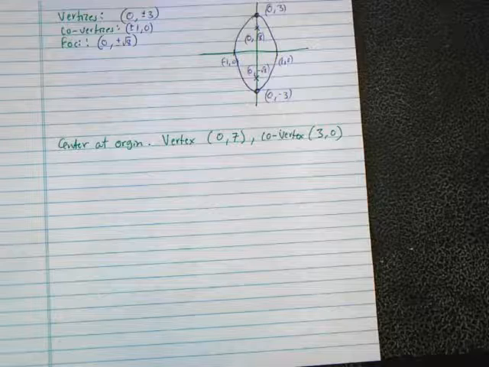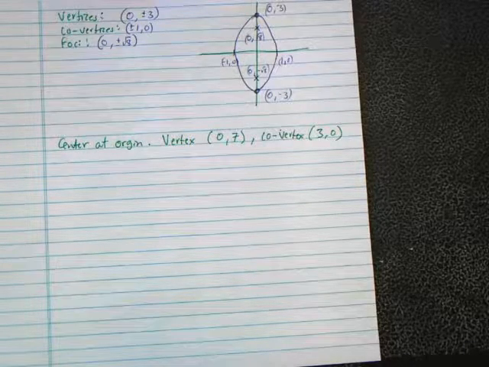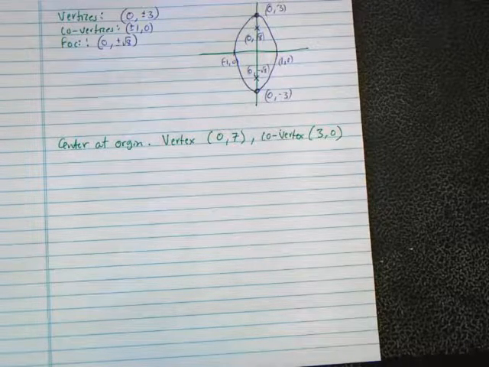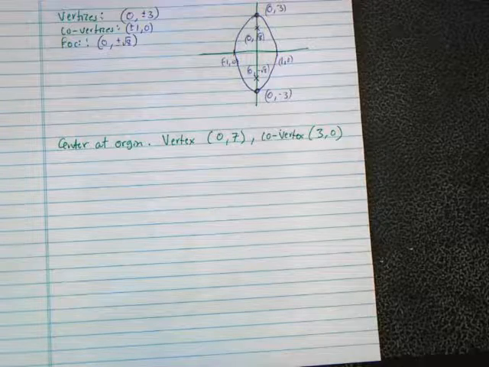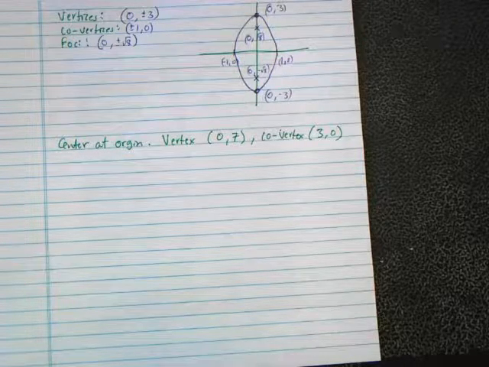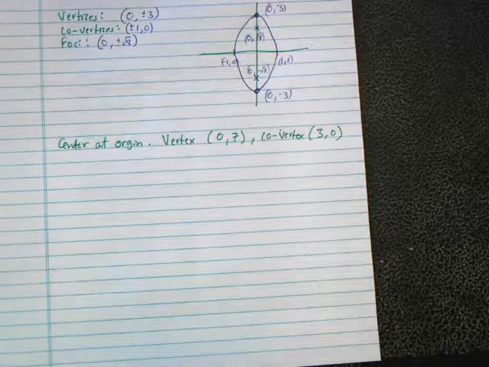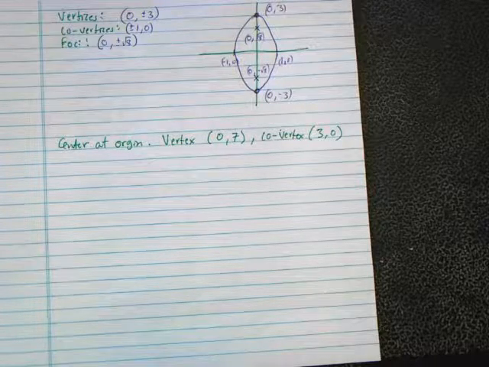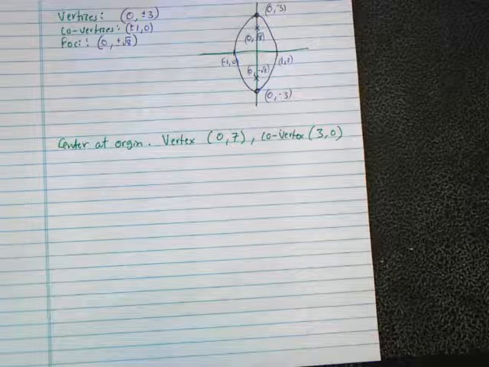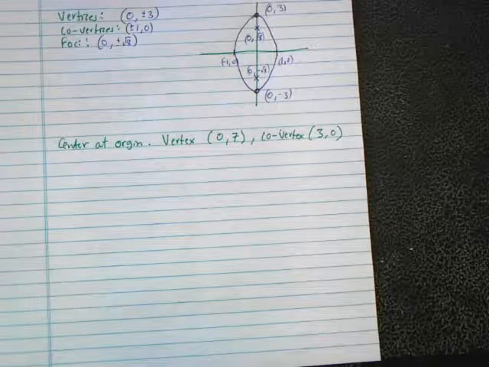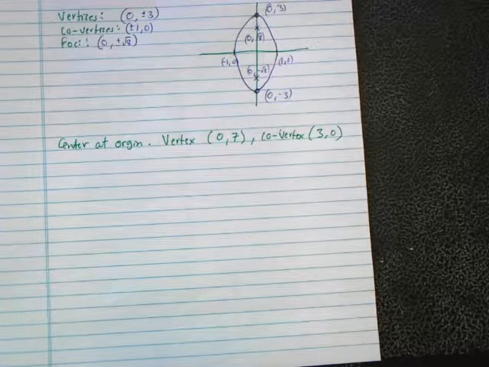From that little bit of information, you should be able to tell me the equation. To do that, we first have to decide, is this ellipse long but not very tall? Or is it tall but skinny?